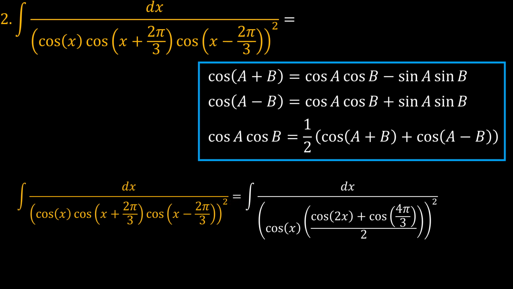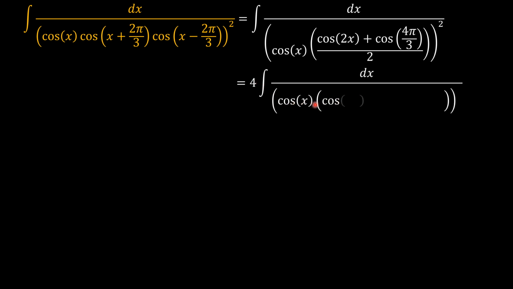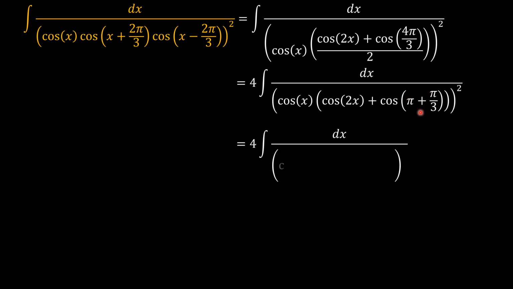So what happens is we can pull that 2 out so that it becomes 4 in the numerator, and then we can now multiply cosine x across to cosine 2x and cosine 4 pi over 3. And cosine 4 pi over 3 is the same as cosine of pi plus pi over 3. So this is in the third quadrant. So this value is just going to be equal to negative cosine pi over 3, which is negative a half.